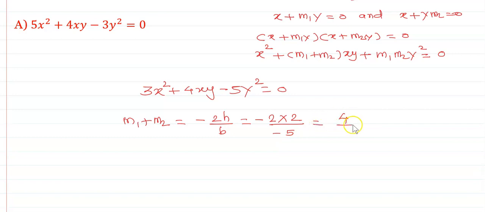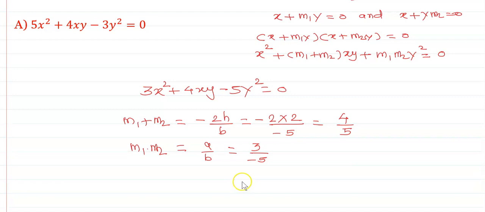This is 4 by 5. This is the m1 plus m2. And what about m1 into m2? m1 into m2 is a upon b. The value of a is 3, b is minus 5. Therefore, substitute the values.